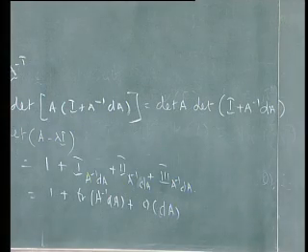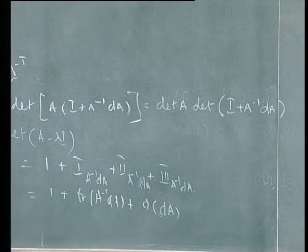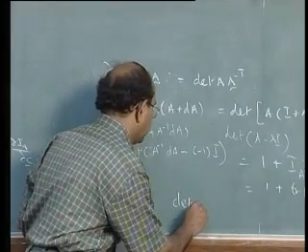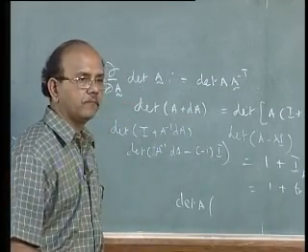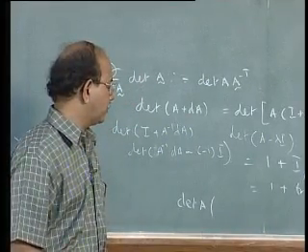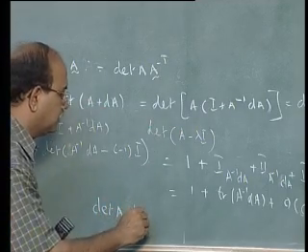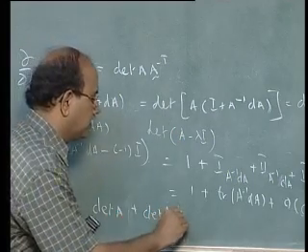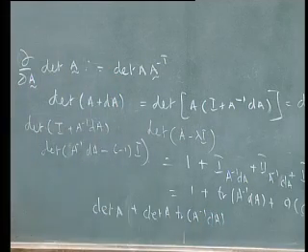Substituting this into the expression here, you can write that down as determinant of A into 1 plus trace of A inverse dA, or in other words, determinant of A plus determinant of A trace of A inverse dA, and we'll stop with that.